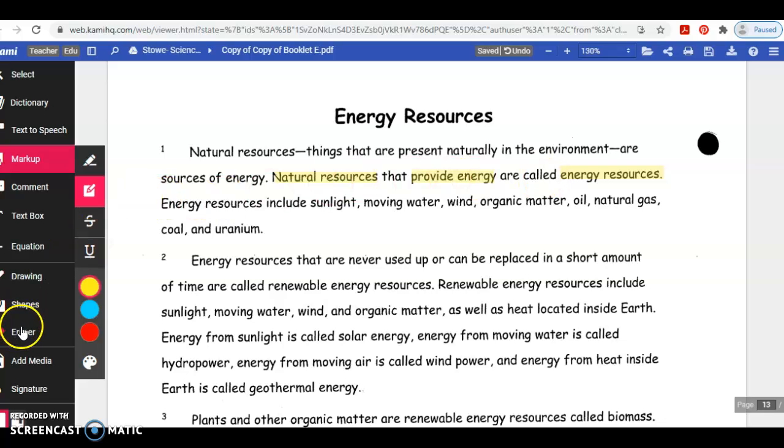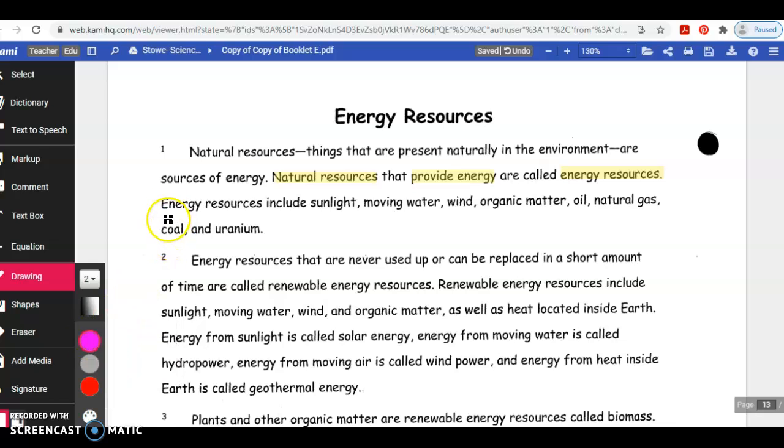Now, I also want you to take one of your colored pencils and I want you to underline the very last sentence that says energy resources. And then I want you to circle sunlight, moving water, wind, organic matter, oil, natural gas, coal, and uranium.